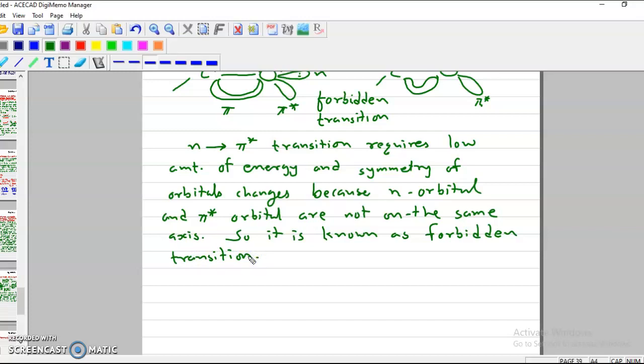And therefore, it is also a low intensity transition, or low probability transition.